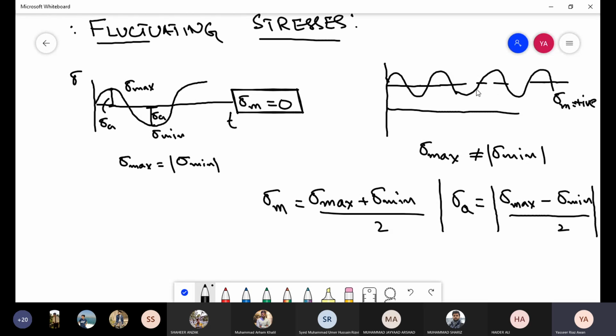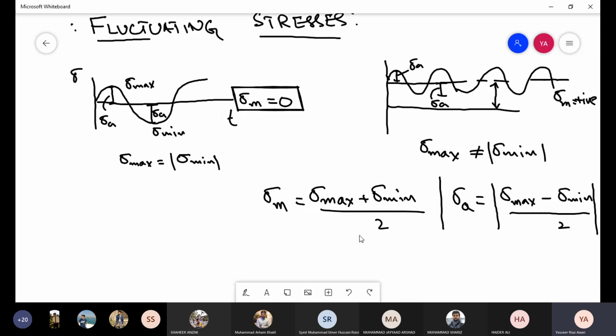So this value would be sigma mean, and this value is sigma a. So we would be using these two terms generally to characterize the fluctuating stresses cases.